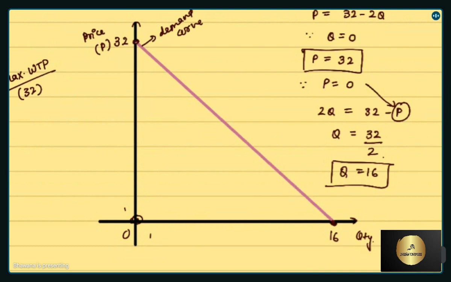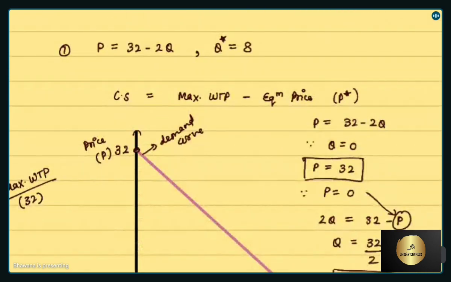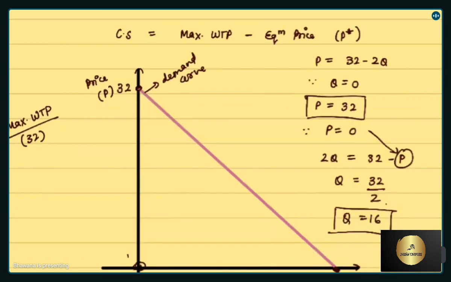Now we have to derive an expression for P star and Q star. Okay, so we have been given this Q star. We have already been given in the question Q star, that you have to consume 8 units. Now you have to find your P star. So putting the value of Q in this inverse demand function, you will get your P star.